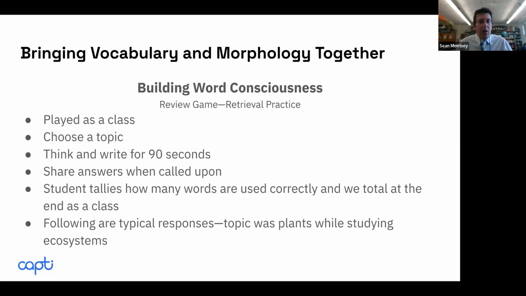So they're writing away on their whiteboards. And when the 90 seconds is up, I get the timer ready and I call on students really quick. It's fast paced. So we're counting up all the words we're using correctly in context within a 6-minute period. So we have fun. We try to beat our score, like, ooh, how many words did we use correctly in this 6 minutes?